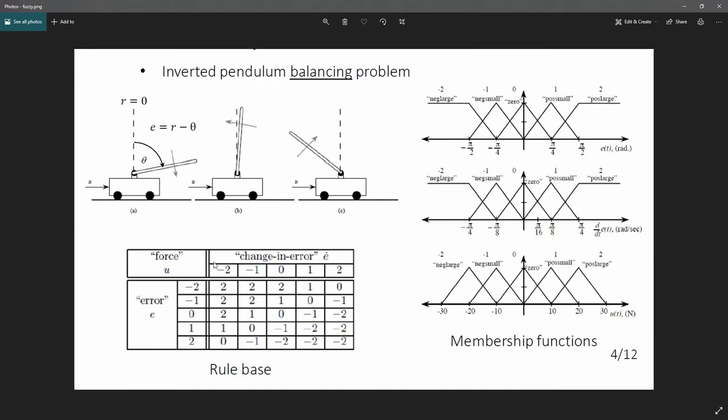And error dot is also in the negative large group. It means that the beam falls very fast. So if the angle is large and it falls very fast, according to our sense, where should the vehicle be moved? According to my logic, I think it should be moved to the right side with a high velocity, which is positive large. See, we have set the rule according to our thought.